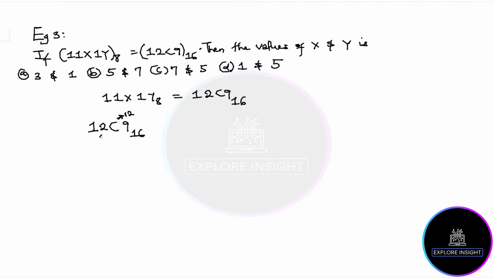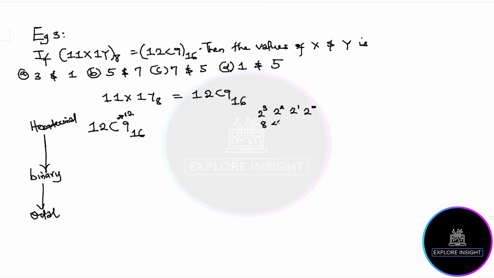So first thing to do is to convert the hexadecimal to binary, and then from binary to octal. So all I have to do is to quickly recap for 16. We have 2 raised to power 3, 2 raised to power 2, 2 raised to power 1, 2 raised to power 0.